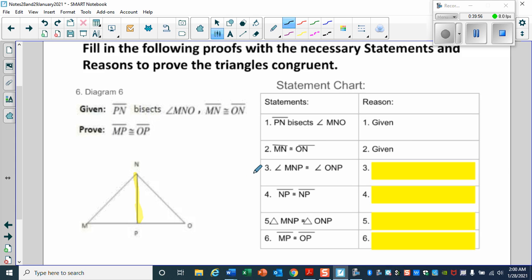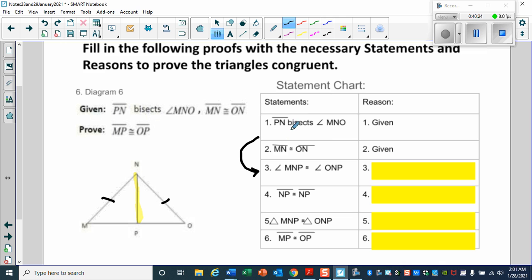And in fact, I think in one of your homeworks or one of the last problems, this is actually going to lead us to number 3. But they also told us that PN bisects MNO. They're also telling us that MN and ON are congruent.